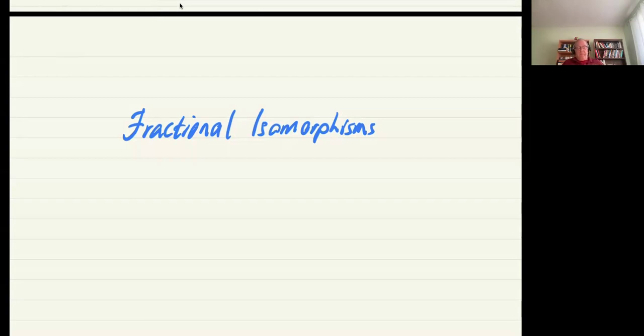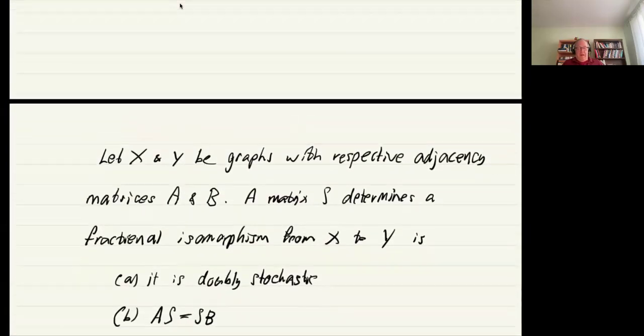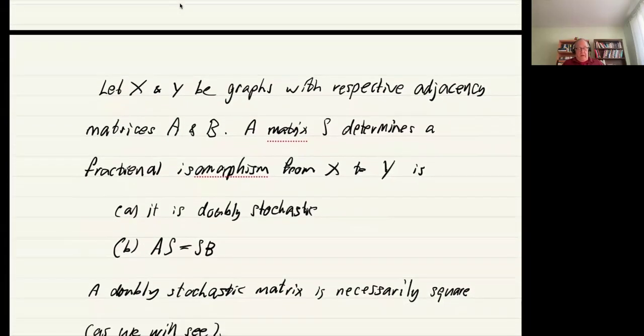Anyway, now there's another operation on quantum homomorphisms I want to use, and that involves things called fractional isomorphisms. Now, this is just straightforward algebraic graph theory, insofar as algebraic graph theory is straightforward.